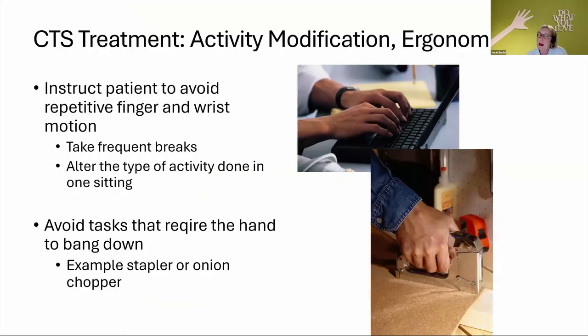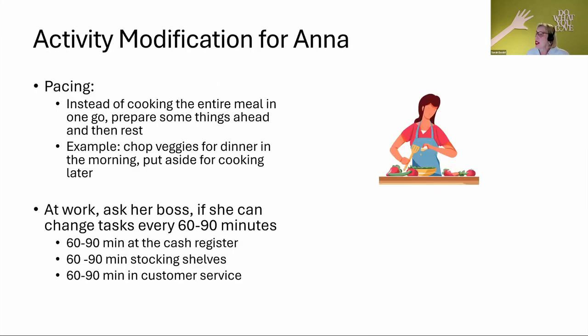We want to instruct the patient to avoid repetitive finger and wrist motions. We want them to take frequent breaks, alter the type of activity done in one sitting, avoid tasks where you're banging down with the hand, do it in an adapted manner, pad things so there's not as much force against that carpal tunnel.